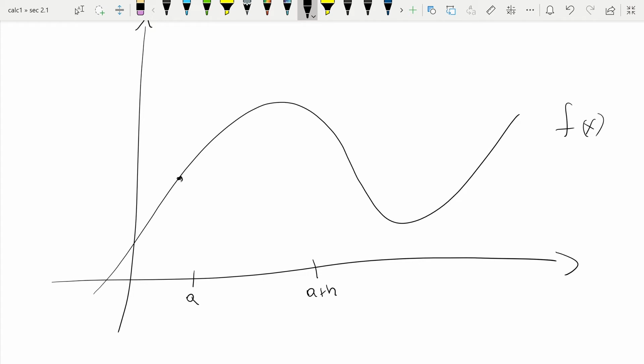And now we have the points f of a and the point f of a plus h.